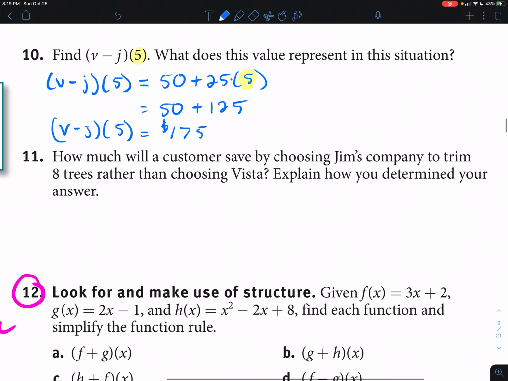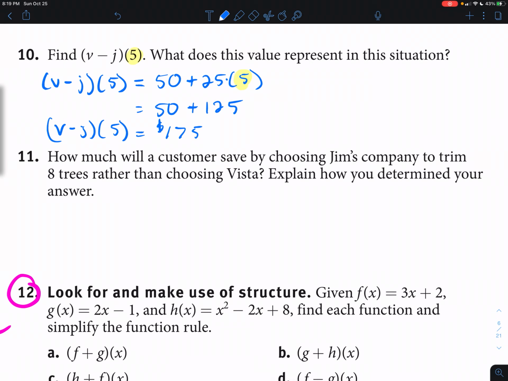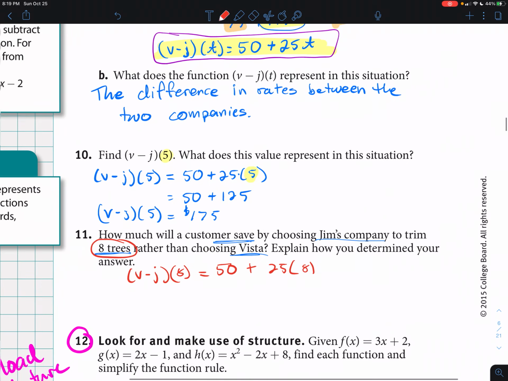How much will a customer save by choosing Jim's company to trim 8 trees rather than choosing Vista? So we're finding the difference here. We'll use our V minus J, and now we're plugging in 8, finding the difference for 8 trees. That's going to be 50 plus the 25 times 8. I'm sorry, y'all, I'm tired. I'm using this function up here again, in case I confused you.